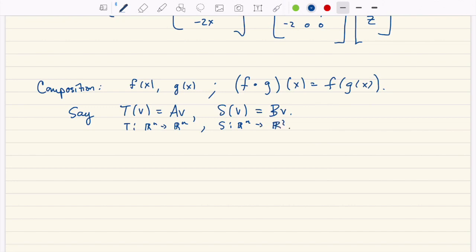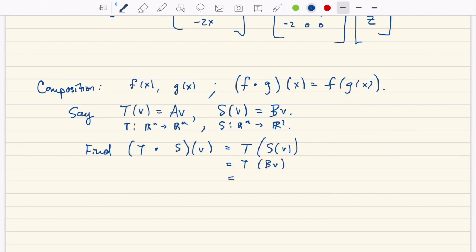But what I want to do is find the composition T composed with S of v. By definition, this is T of S of v. And S of v we said is Bv, so this is T of Bv.